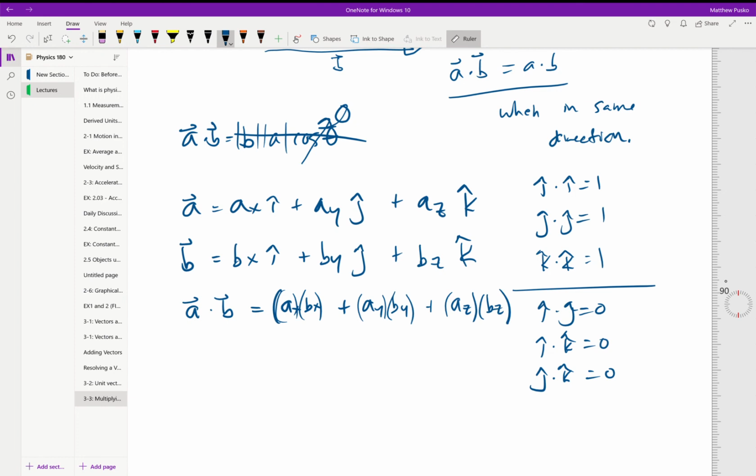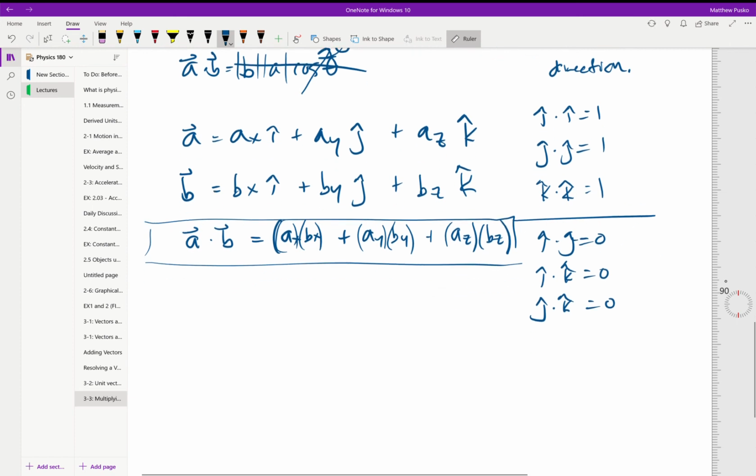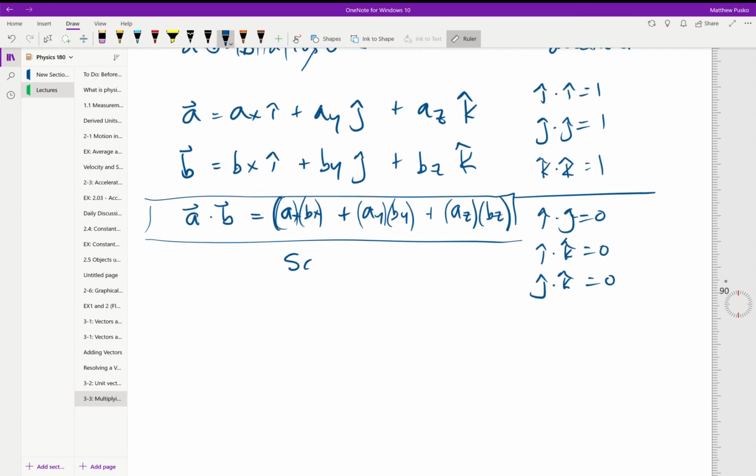There's no I, J, or K anywhere. We're just multiplying the like components together, and that gives us our new scalar quantity. So two vectors dotted together gives us back a scalar. There should not be any I, J, or K on there.